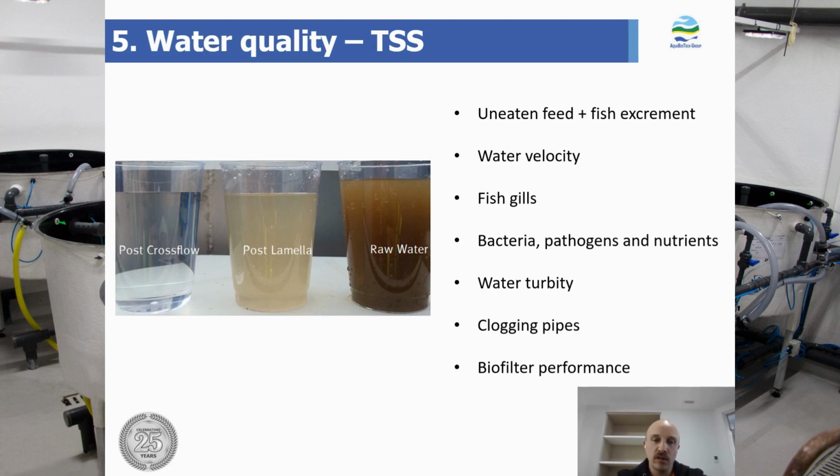They can clog fish gills. They can create a substrate for bacteria, pathogens, or they can even trap nutrients. They also increase the water turbidity. They can clog pipes, and they certainly decrease the biofilter performance.